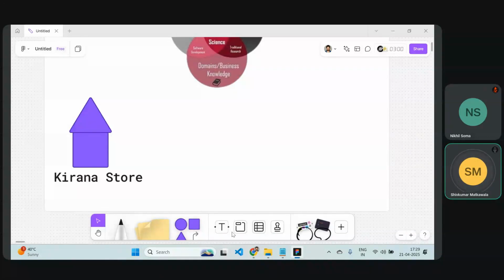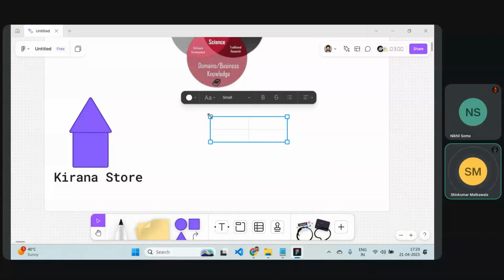You might have an Excel sheet that you are maintaining. I will not take critical data here, I will take simple data.